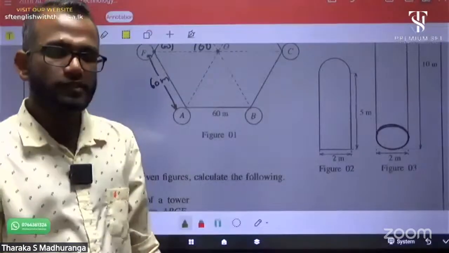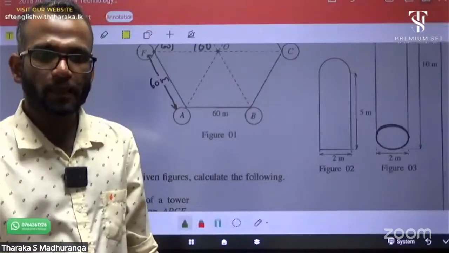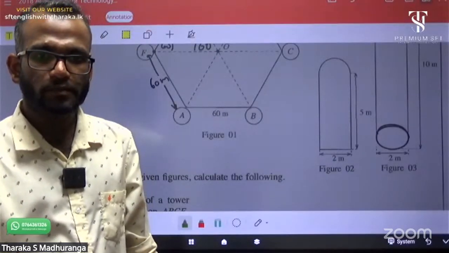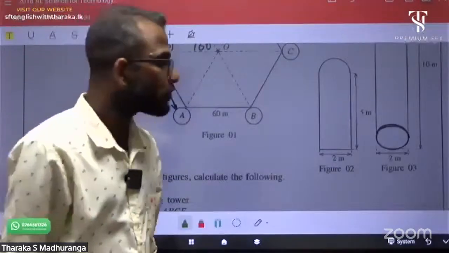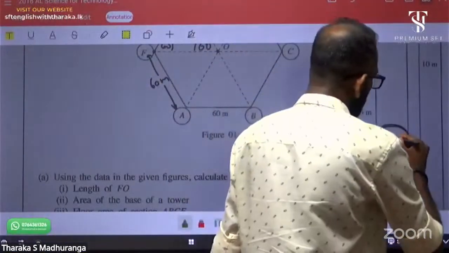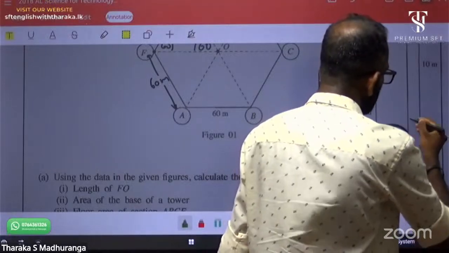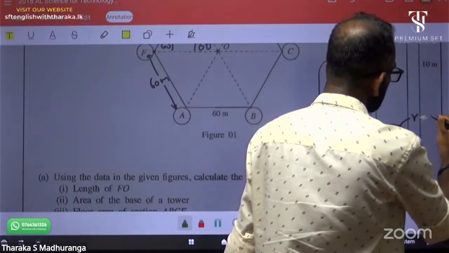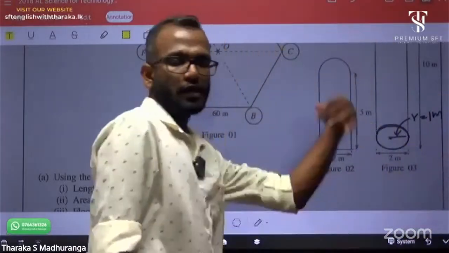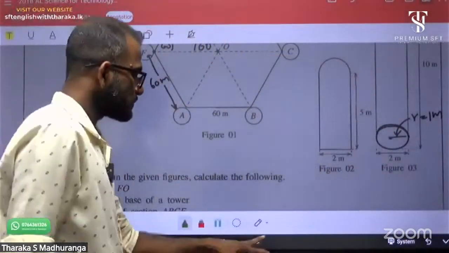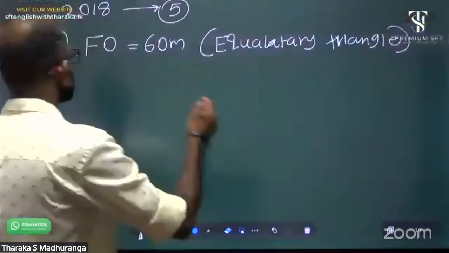Vihinga, what is the radius? 1 meter, yes. A circle of 1 meter radius, because the diameter is given as 2 meters, so the radius equals 1 meter.